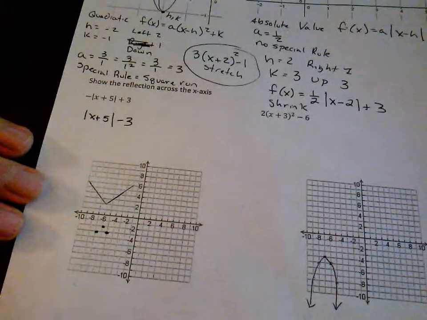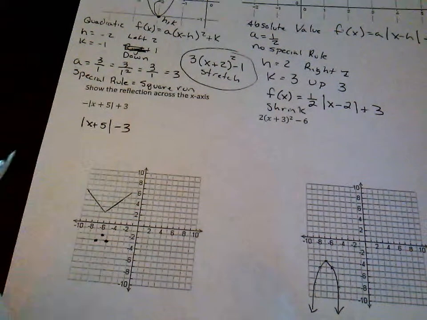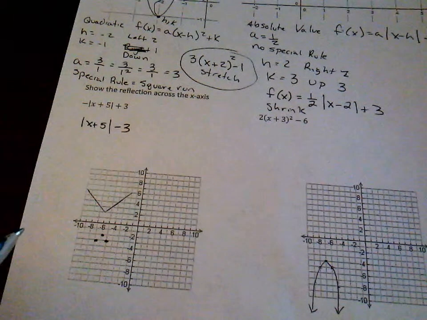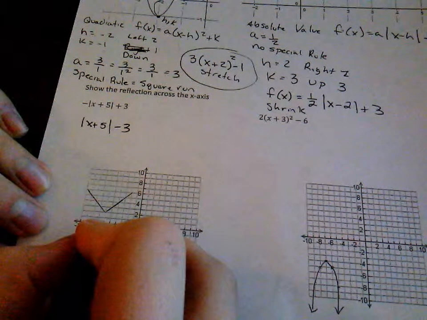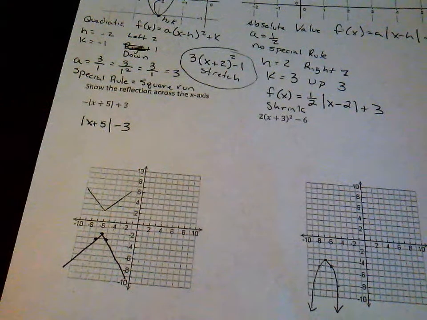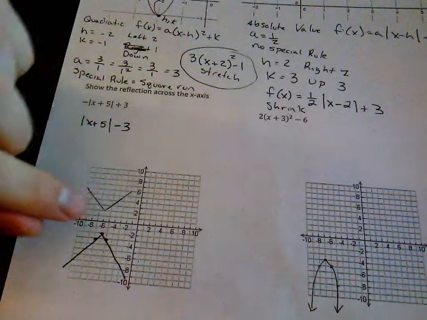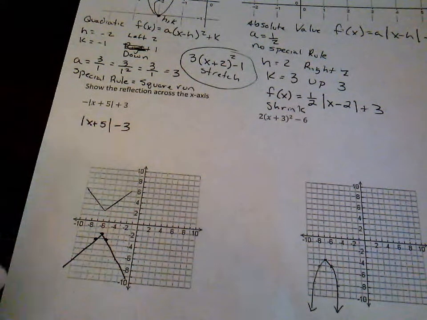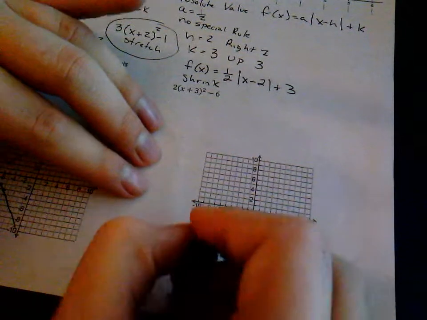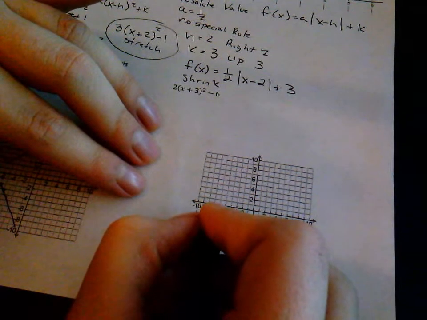Now, if you don't remember this on the test, technically you could take this and do the x, y t-chart and solve. But this is a lot easier just to show it like this. That is the reflection. That's how it reflects across the x-axis, because it's equal spaces from the x-axis for both of these things. Same thing over here. I have 3 points. Count 1, 2, 3, 4.